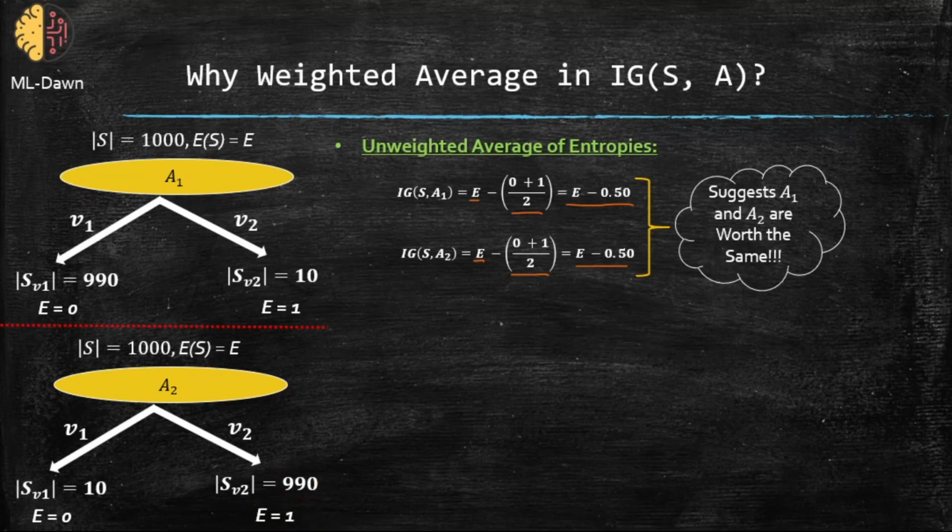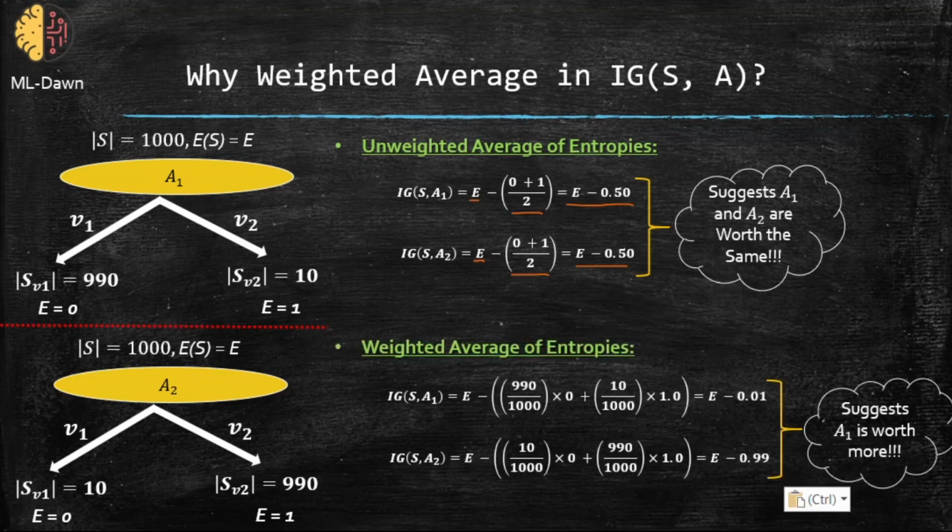Let's see if weighting these averages by the sizes of the resulting subsets would make a change. Let's see. Yes, so look here. We got again E as in the case before, that is, before the split.